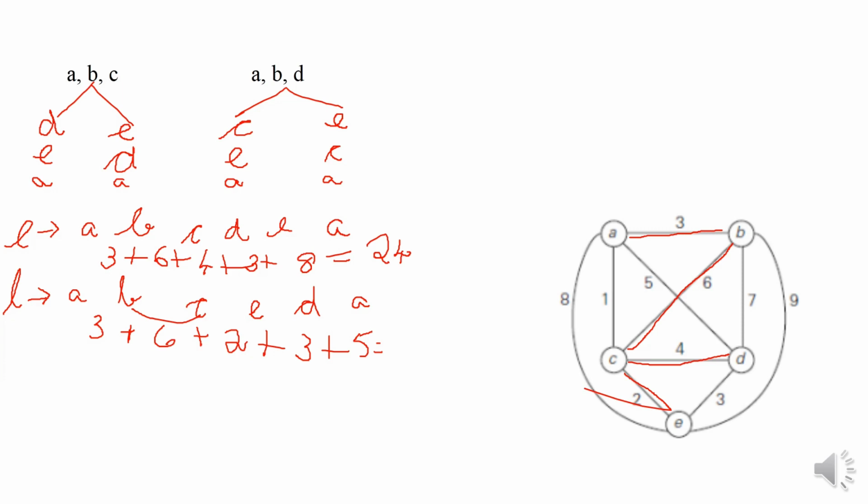So 3 plus 6 is 9, 9 plus 2 is 11, 11 and 3 is 14, 14 plus 5 it is 19.